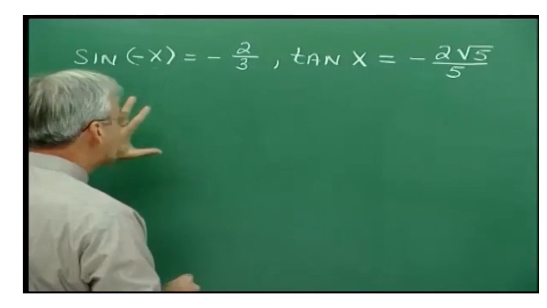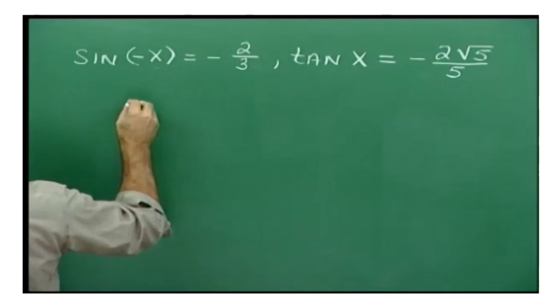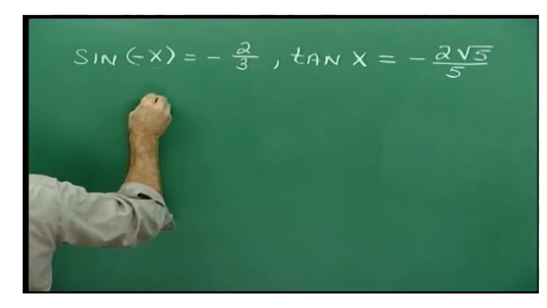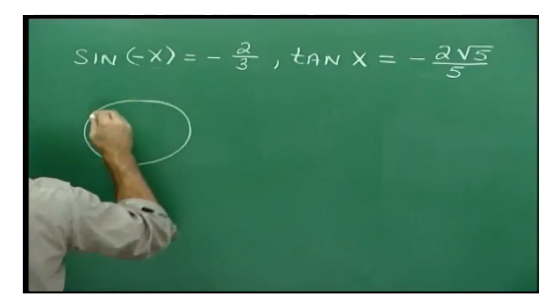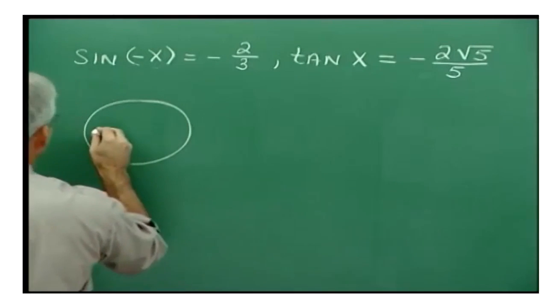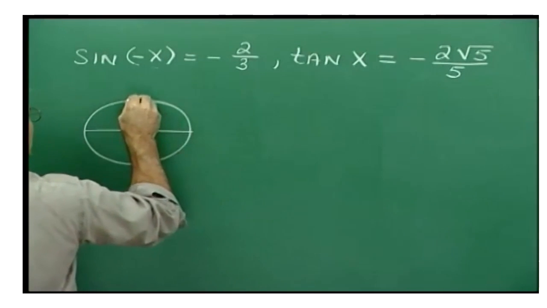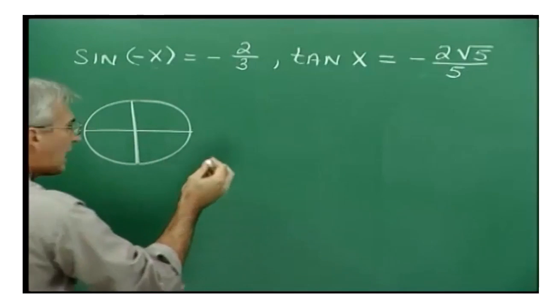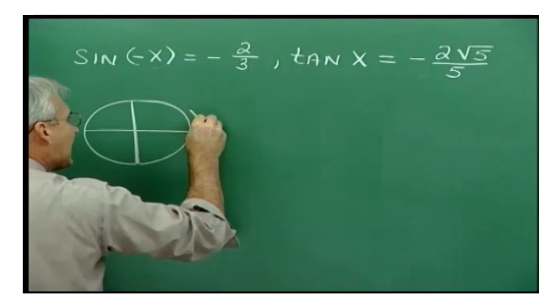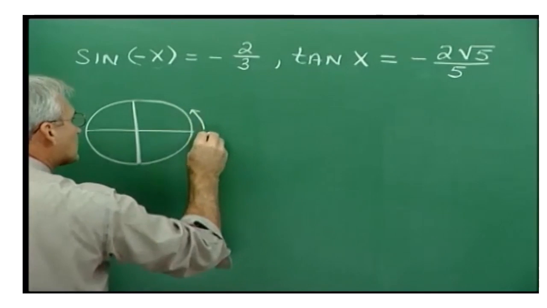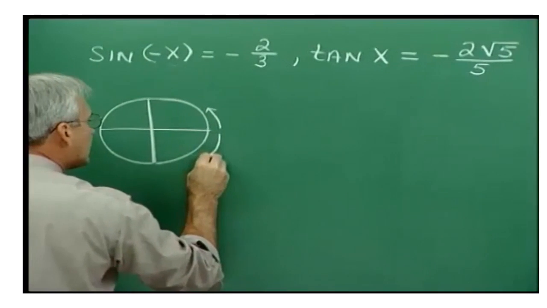And we talked about this in the past, but I want to make sure we have a good understanding of it. The idea was that when we talk about negative angles, we think about what happens when angles are generated in this direction and angles are generated in this direction.